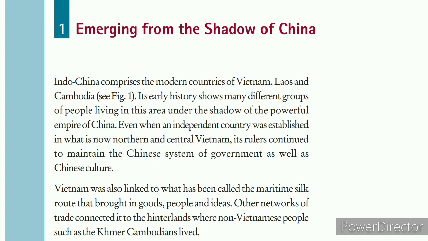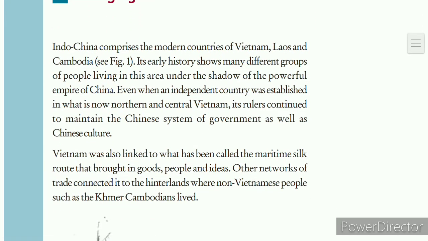Even when an independent country was established in what is now northern and central Vietnam, its ruler continued to maintain the Chinese system of government as well as Chinese culture. As I have already given you the introduction, Vietnam was also linked to what was called the maritime Silk Route that brought in goods, people, and ideas. Right? Other networks of trade connected it to the hinterlands, where non-Vietnamese people such as the Khmer and Cambodians lived.